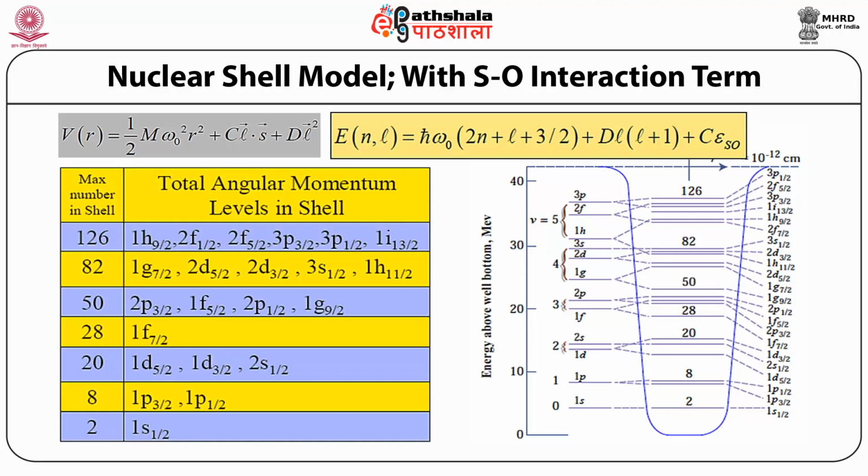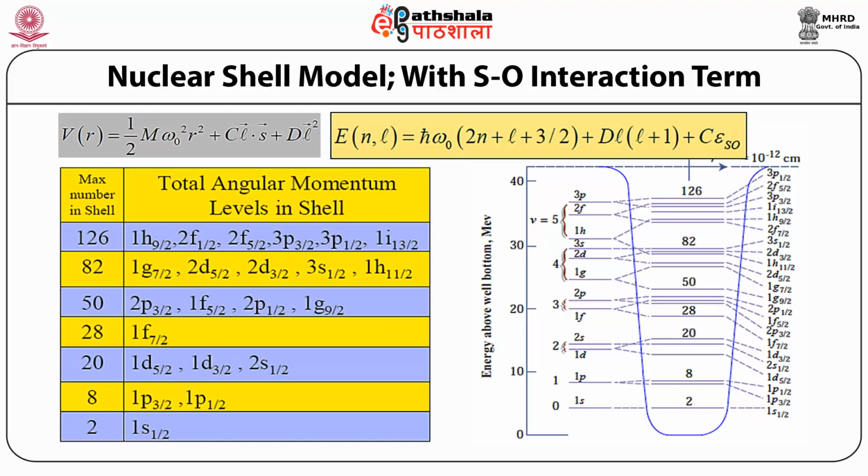In the fourth level we have an isolated f7 by 2 level. So up to the fourth level we have 28 nucleons. Then fifth, sixth, seventh. In that way we obtain all the magic numbers, that is 2, 8, 20, 28, 50, 82 and 126.